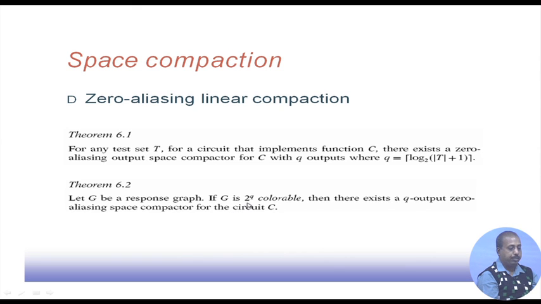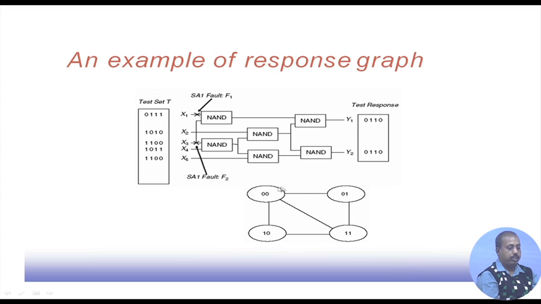It says that if it is 2 power q colorable, so naturally the graph is 4 colorable, taking it to a power of 2. So, there will exist a 4 output zero aliasing space compactor for this circuit. Since this graph is 4 colorable, we can have a compactor that will have 4 outputs.